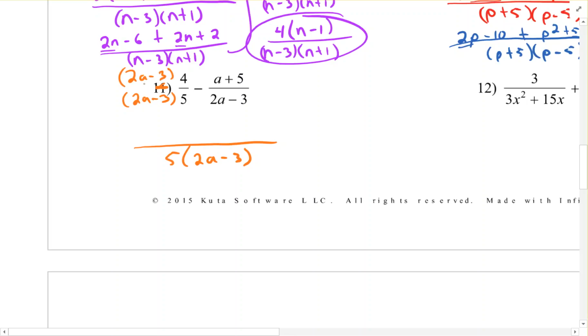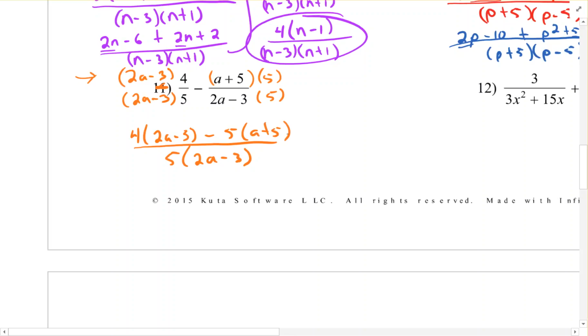On the right side here, I'm going to multiply both sides by 5. Okay, so what we're left with on the top now is going to be 4 times 2a minus 3 minus 5 times, and don't forget the brackets here, it's really like this is in brackets, so 5 times a plus 5.